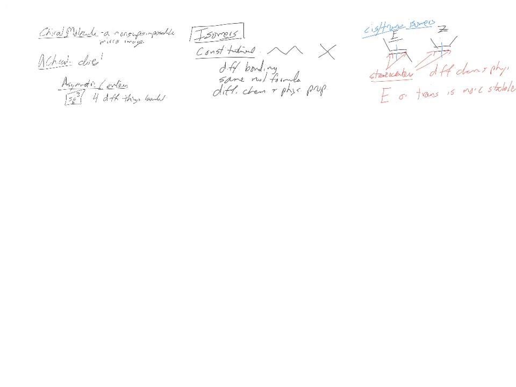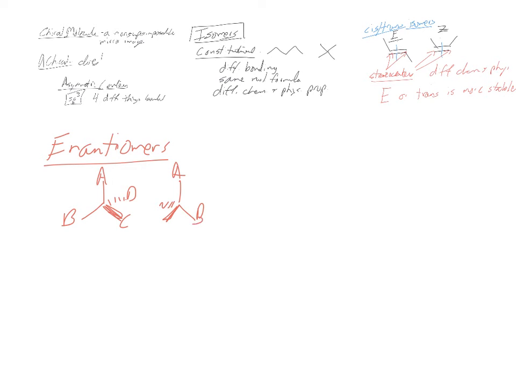Good. Another type of isomer is an enantiomer. Enantiomers are usually chiral molecules. So in this case, you'd have something that has a mirror image. So if I said A, B, D, and C, this would be A, B, D, and C. See how there's a mirror plane there?